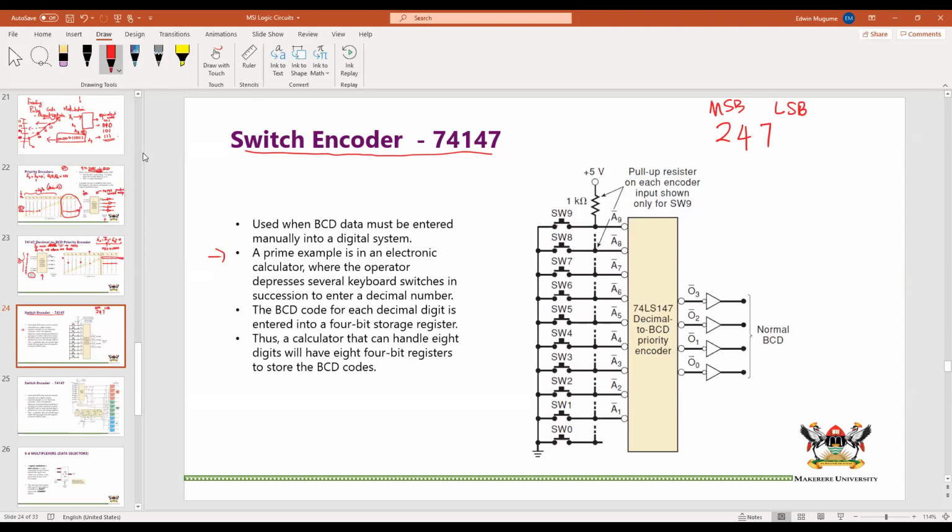If you are doing 247, you start with a 2, you press a 2. In this case, you would come and press SW2 corresponding to A2. If you press SW2, it will connect a 0 here. All the others will be high, and you'll have a 0 here. A 0 here should now encode 2, which would be 0010.